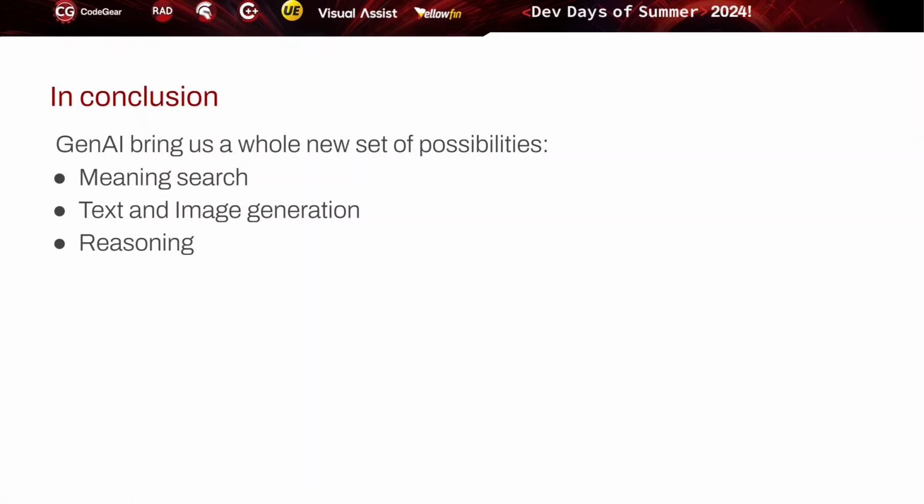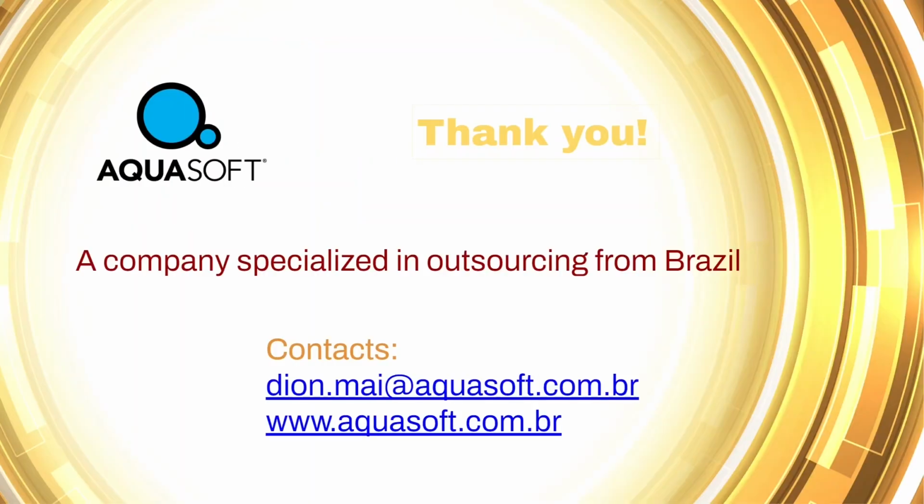So reasoning is another great possibility. And we work the same way that we do our work here. We just send the information to the OpenAI API, receive the response, and work around that.